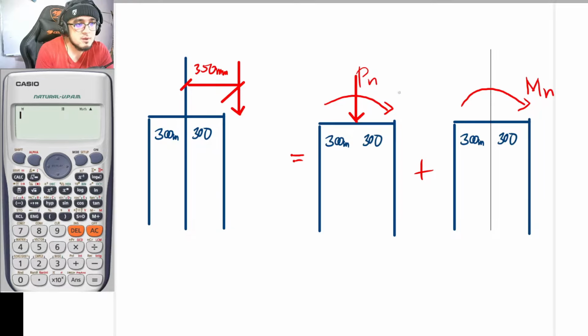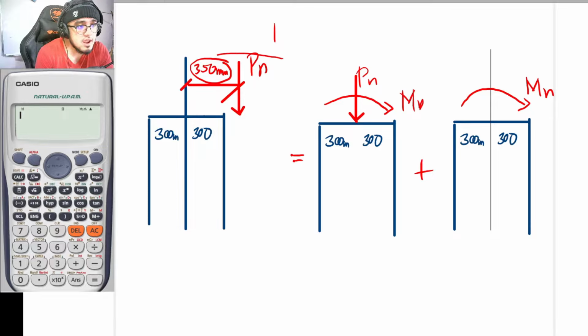So parehas lang yan. This is to be your moment, this is to be your Pn, and Pn times e is to be equal to Mn. So ayun guys, this is actually possible even though this Pn is not acting at the column already.